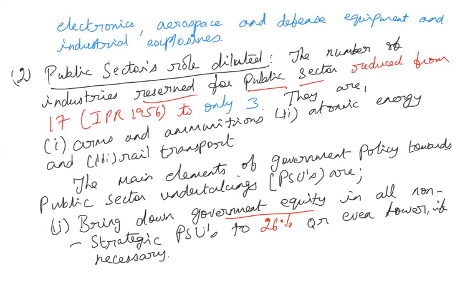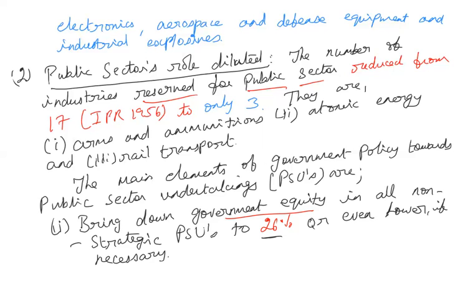That was the concentration, but now it has been diluted in the sense that in all the non-strategic, that is not extremely important areas, extremely important projects or industries of the public sector, the government shareholding should be reduced from 100% to a minimum of 26%, or sometimes if it is not necessary to have even 26%, it has to be further reduced below 26%.